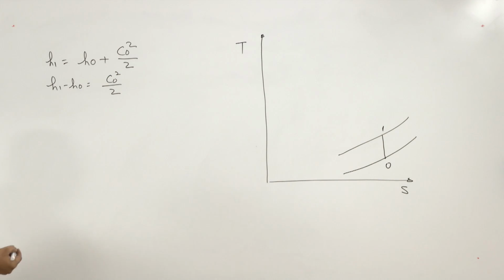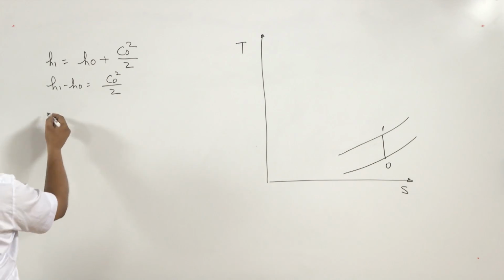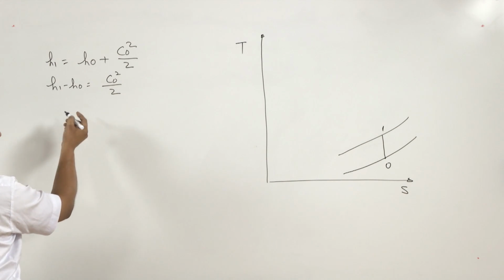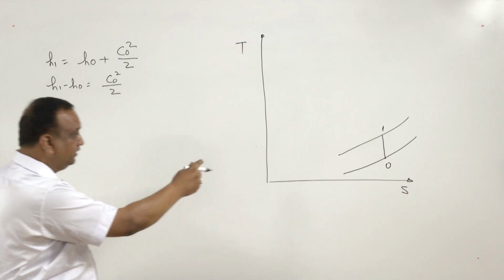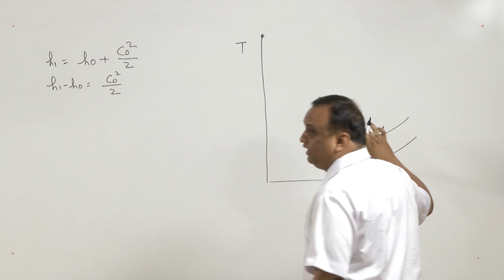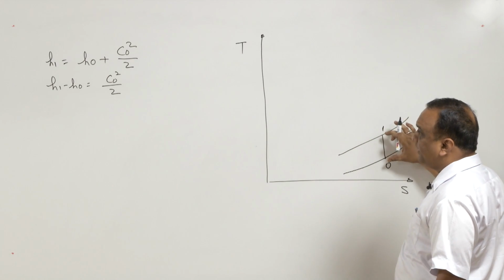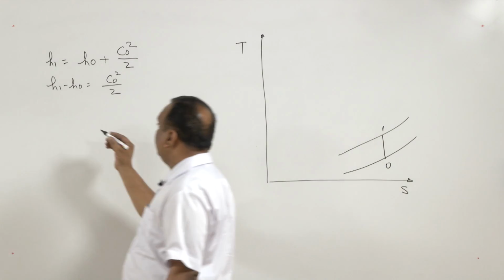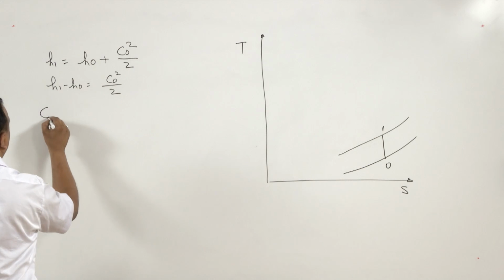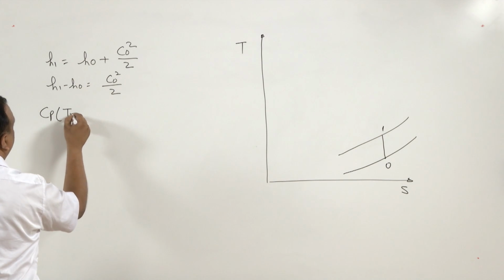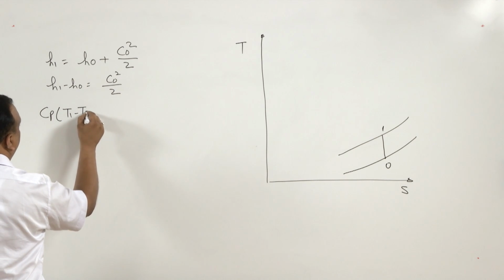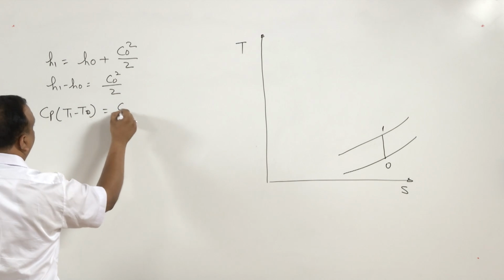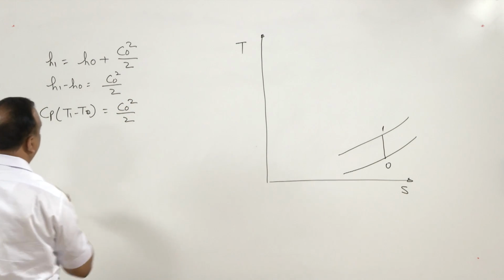Now, as we know, the change in enthalpy in sensible heating or sensible cooling is Cp dT, and here it is an adiabatic compression. So Cp (T1 minus T0) is equal to C0 square by 2.